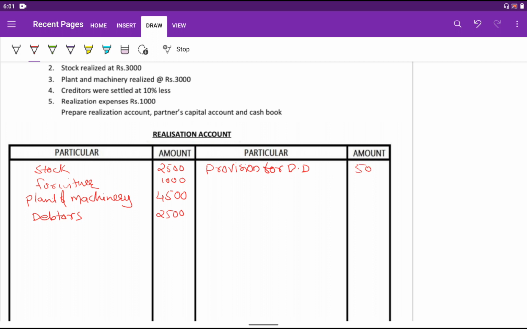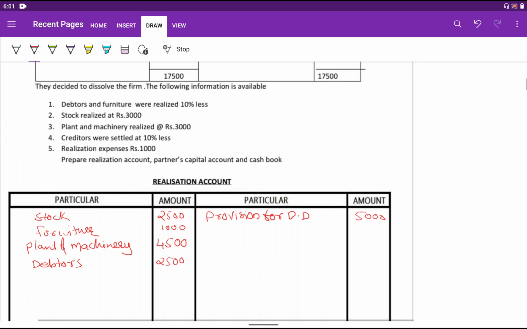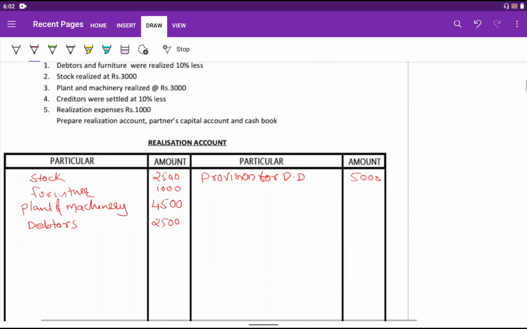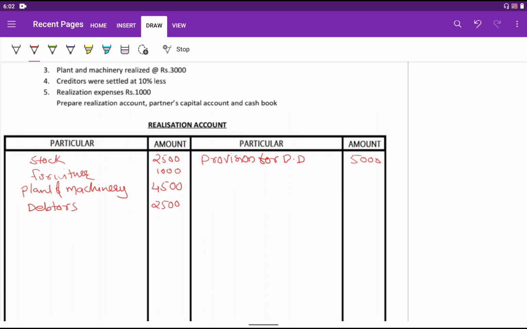Okay, so now assets are completely transferred. Now liabilities we can transfer. What are the things there? General reserve we will transfer directly to partners capital account, because this is accumulated profit and losses. The rest, creditors and loan, 2000 and 5000, we will transfer to the credit side of realization.